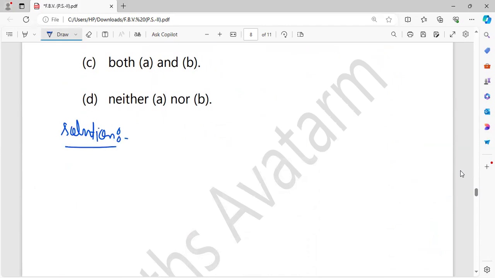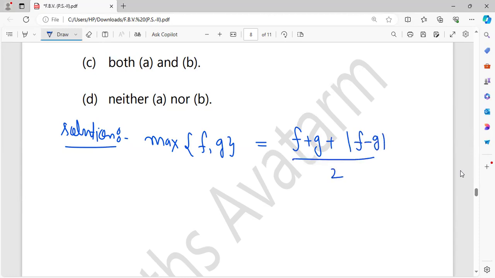So you see that max of Fg, how is it defined? It is defined F plus G plus F minus G upon 2. Okay. And how is minimum defined?